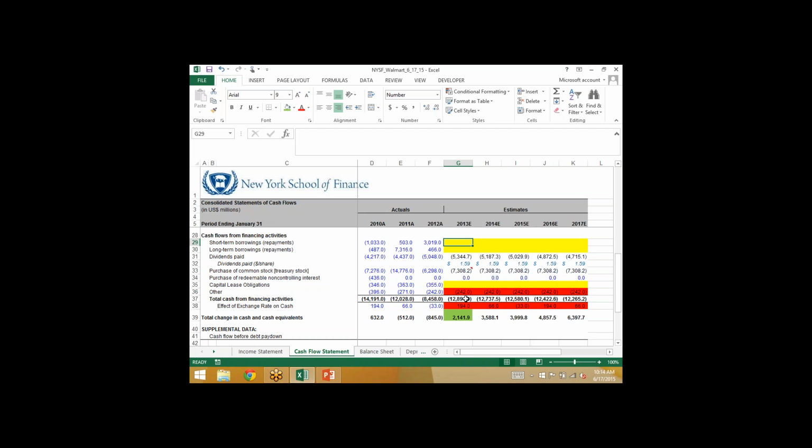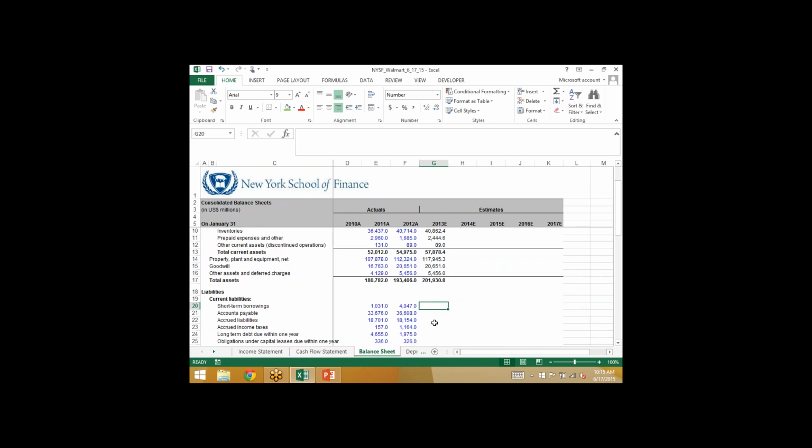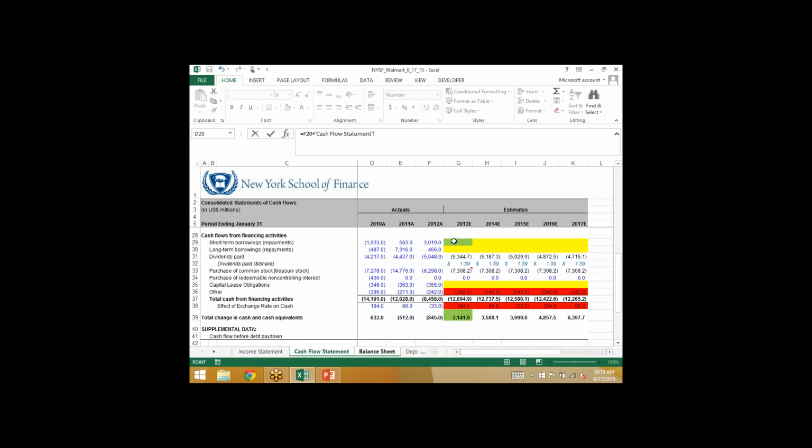If it's positive, would short-term debt increase or decrease? Increase. Right. Borrow money, cash goes in, you get an obligation. So I'm going to highlight this green to indicate that I've used that line item, and the short-term net borrowing is going to be equal to the year before plus cash flow statement short-term borrowings.